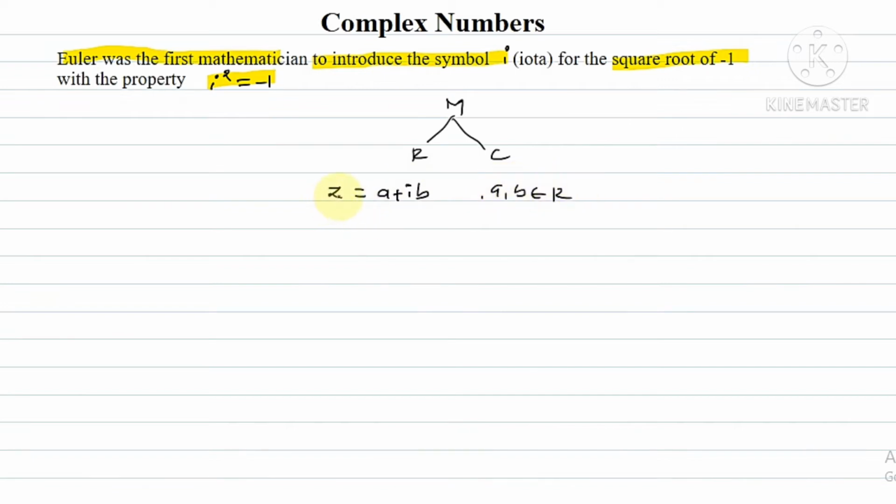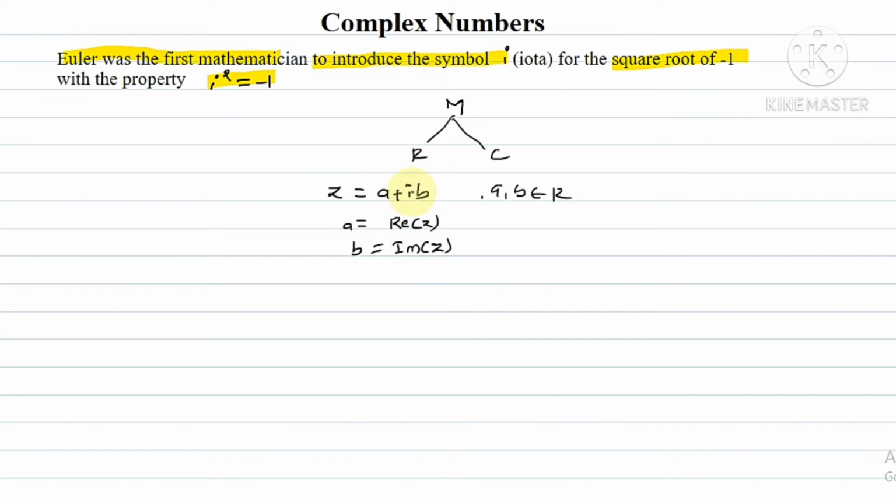So the complex number is formed by using the real numbers a and b. We can write a equal to real part of z and b equal to imaginary part of z. Clear?